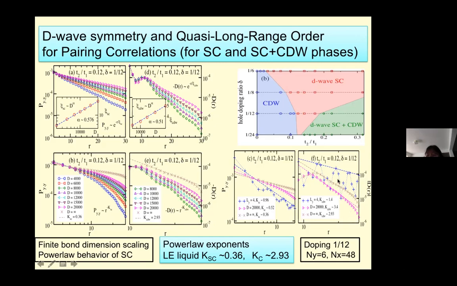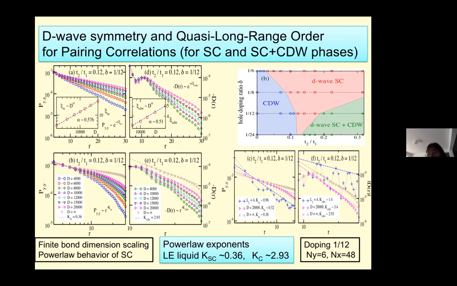For the density correlation, it has the opposite trend: the charge density correlation gets more suppressed, with its power law exponent increasing from 1.4 to 3.4, and then to something around 3.